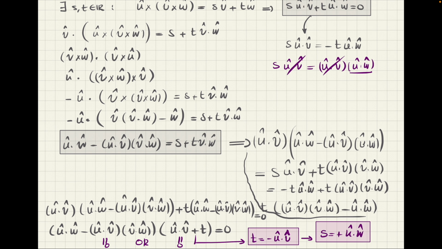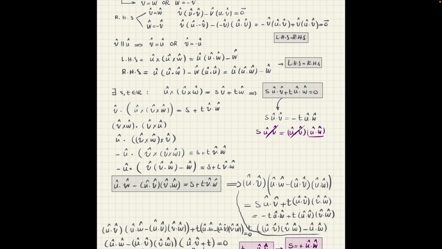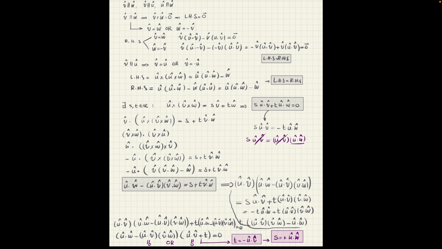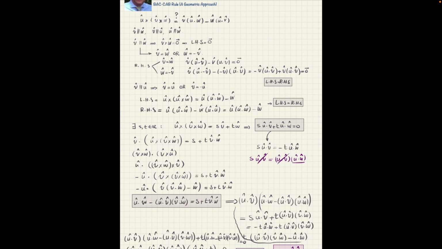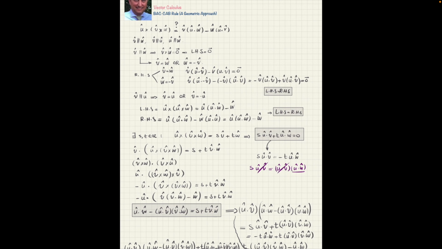Now if you go back and take S away and put U dot W, you will get exactly this one. And if you take T away and put minus U dot V, you get exactly this one.